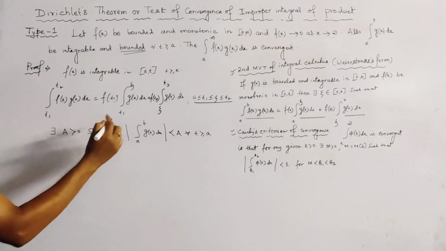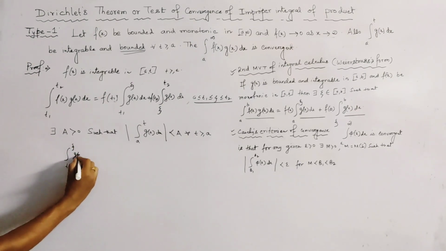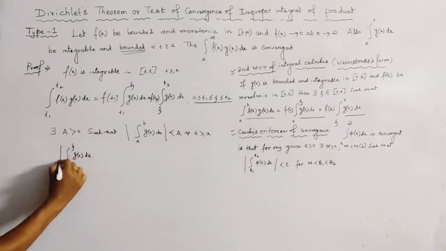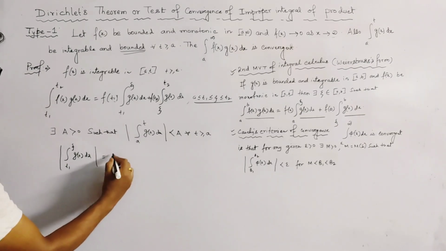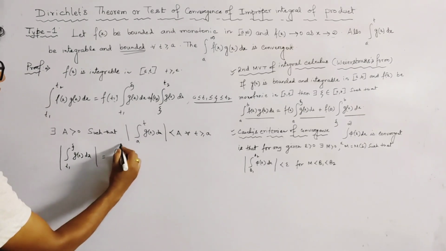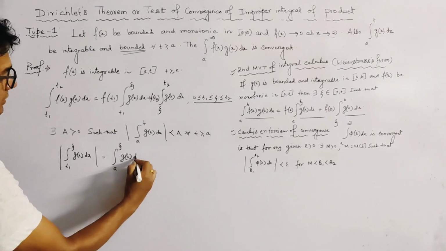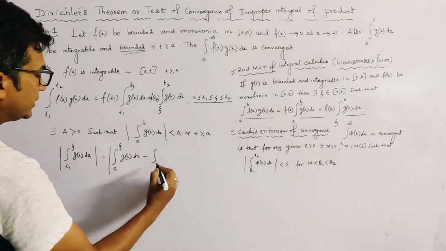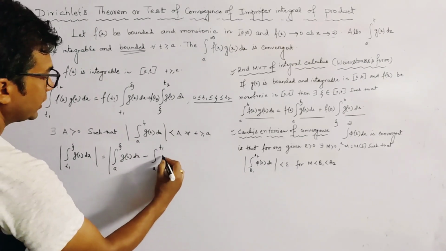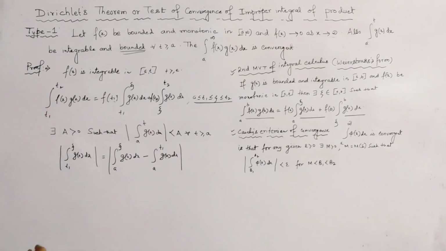So we can write for this, the modulus of integration t1 to xi g(x) dx is given by the modulus of integration a to xi g(x) dx minus integration a to t1 g(x) dx, right?